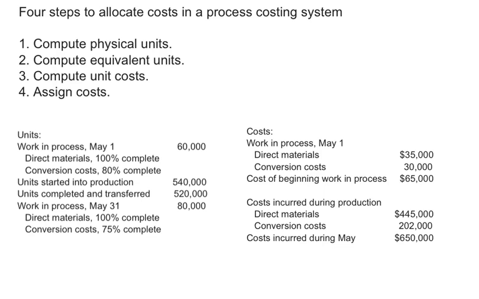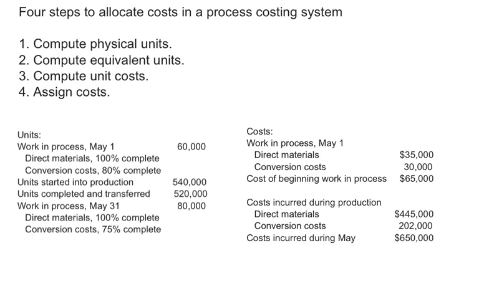Now to the right of that we have costs. So these are our dollar figures associated. For our beginning work in process balances, the direct materials associated with that balance is $35,000 and the conversion costs are $30,000. So we have a total of $65,000 in our beginning inventory for work in process.